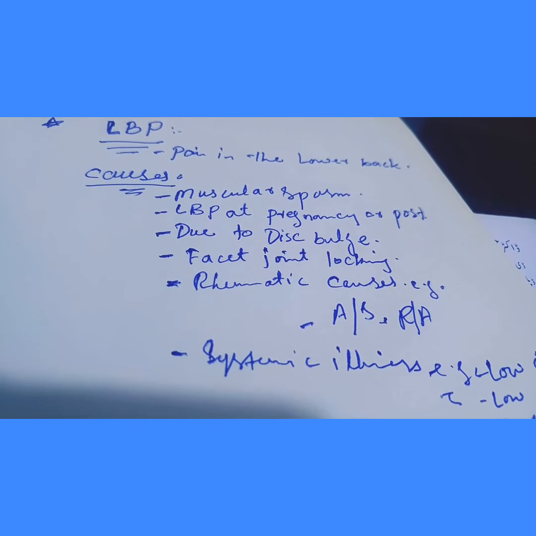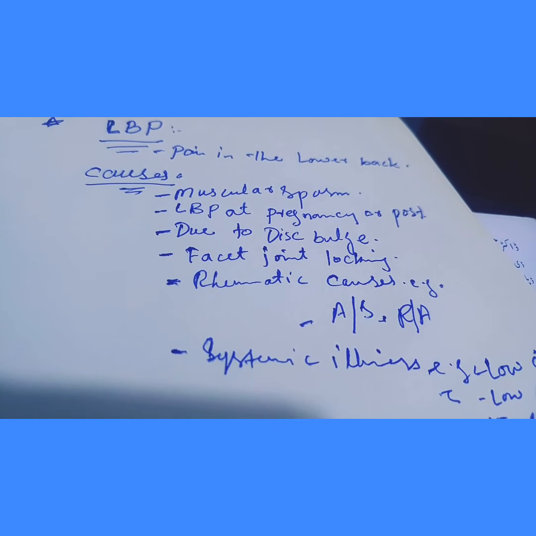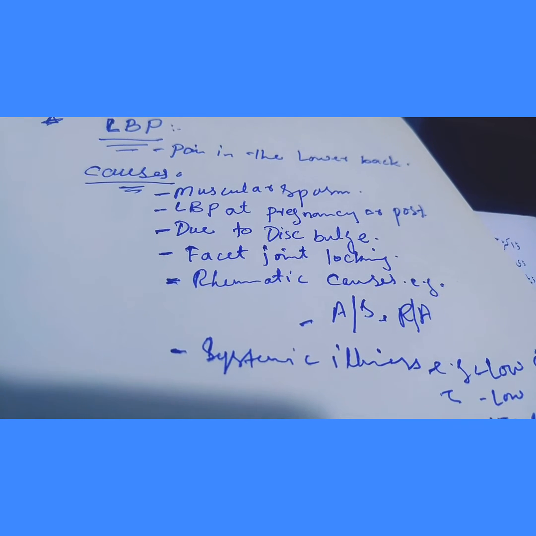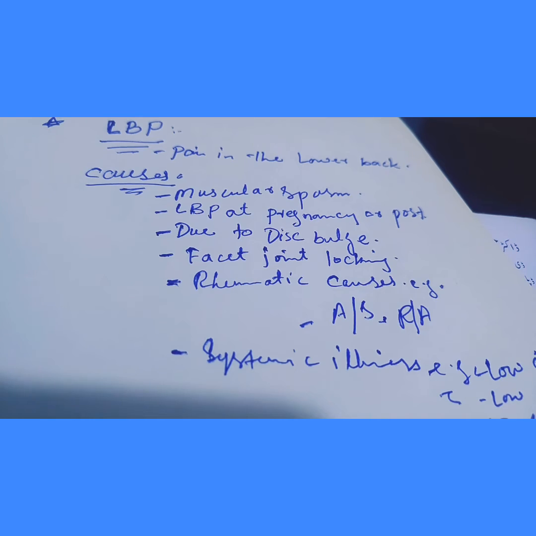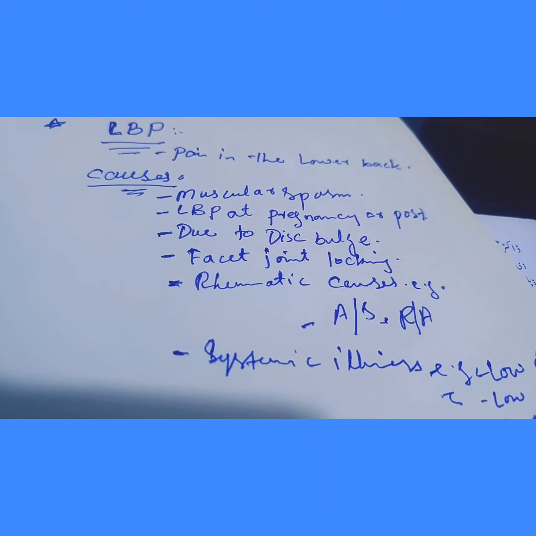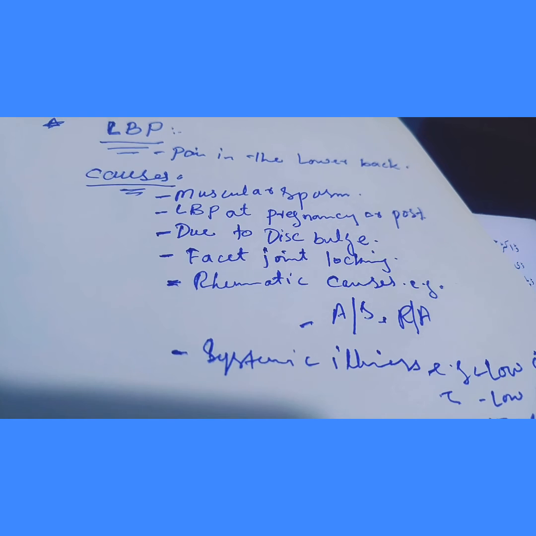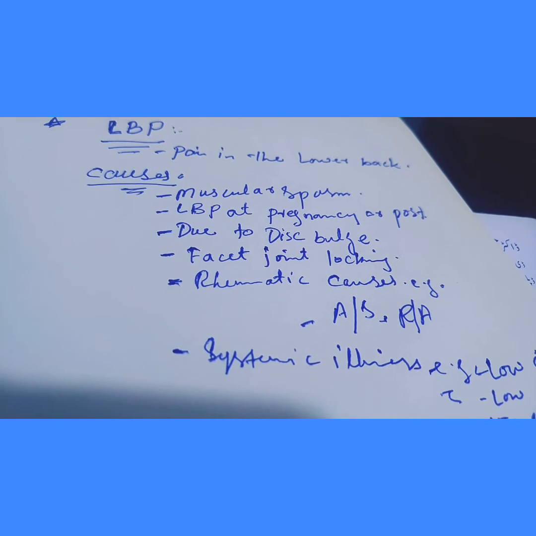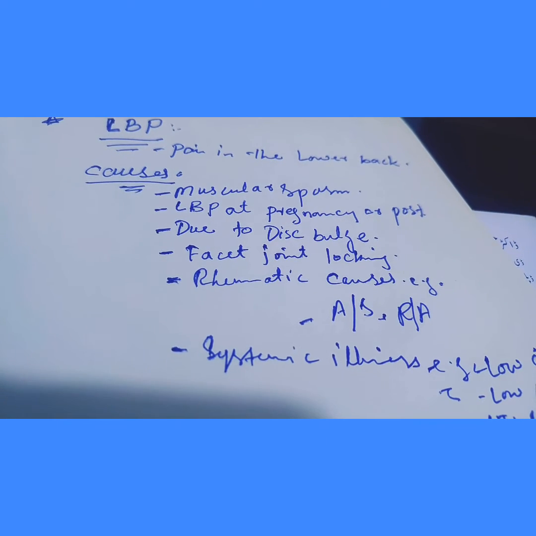So a CT scan or MRI will be a good step of diagnosis. In disc bulge, the patient mostly also complains of pain at lumbosacral joint flexion. At flexion, the pain is mostly aggravated in patients with the disc bulge.